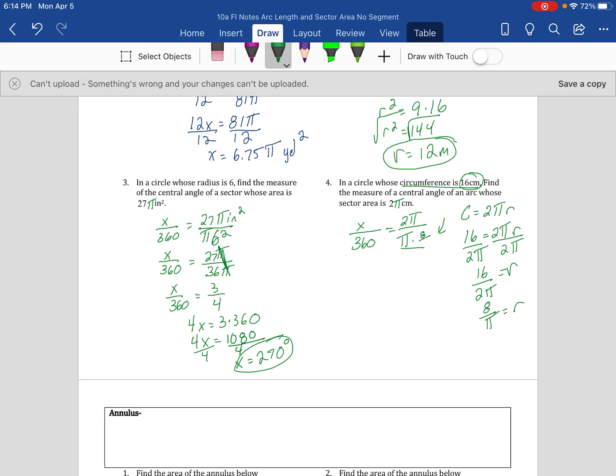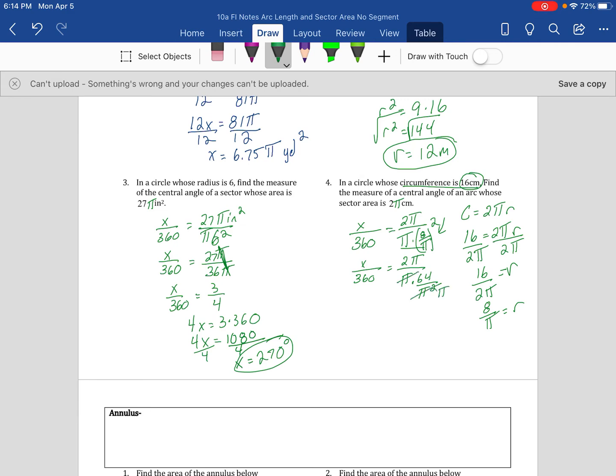It's going to be pi times 8 over pi squared. So this is going to be x over 360 is equal to 2 pi over pi times 64 over pi squared.